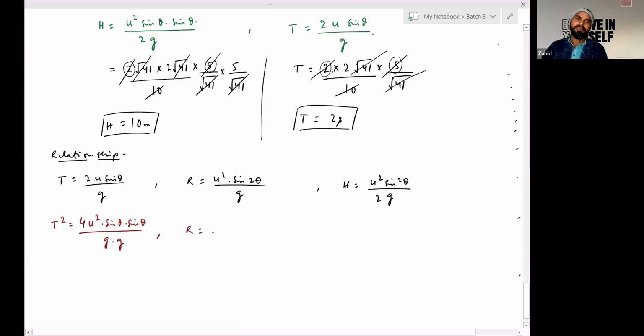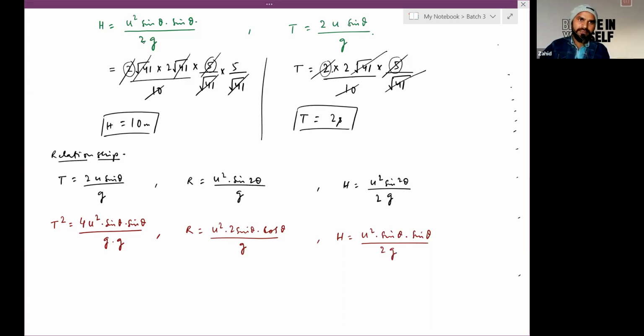Similarly, if you expand the range formula, you will get u square 2 times sine theta into cos theta divided by gravity. And for height, it will be u square sine theta into sine theta divided by 2 times gravity.